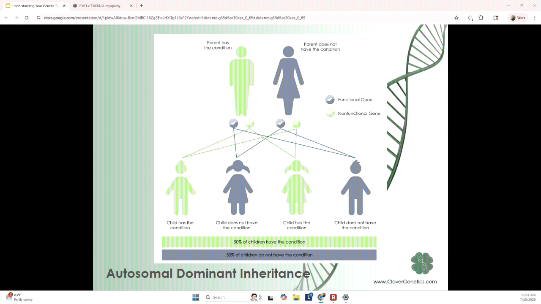So you can see this highlighted in the diagram here, where you have an individual who's shown in green that carries a single non-functional copy of the gene, as well as a functional copy of the gene, and then two of their four, essentially in probability, children would have this condition. And again, probability is with each pregnancy, so this would be 50% risk each time there.